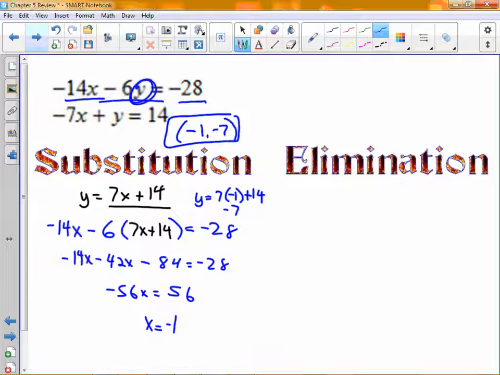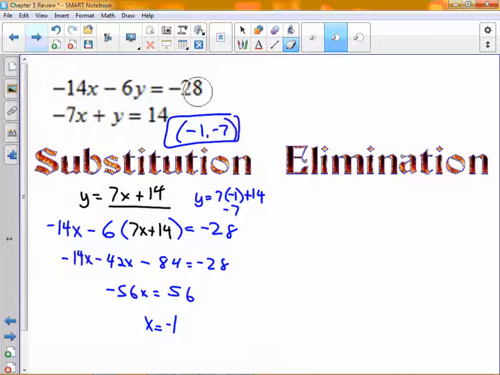Now, if I've done this one right, when I solve it by elimination, should I get the same answer or a different answer? Okay. So let's take it real quick. So I need to kind of organize this up over here and get it straightened away. So I want to see the least amount of work I can do to eliminate some stuff.